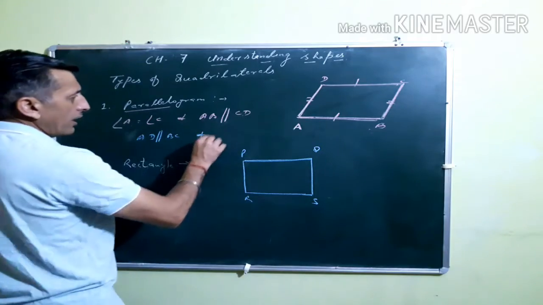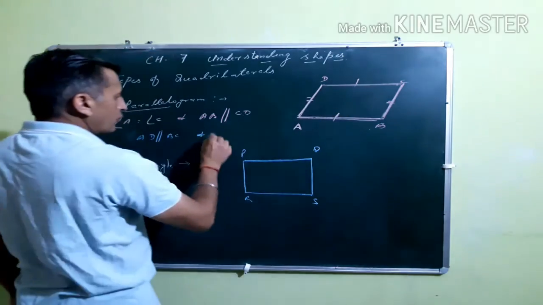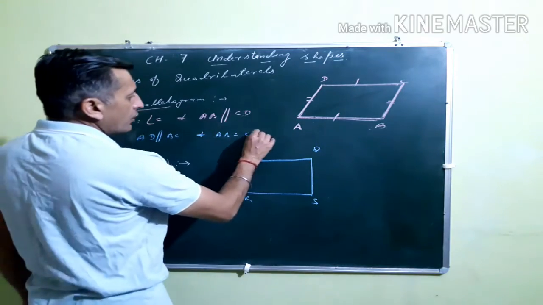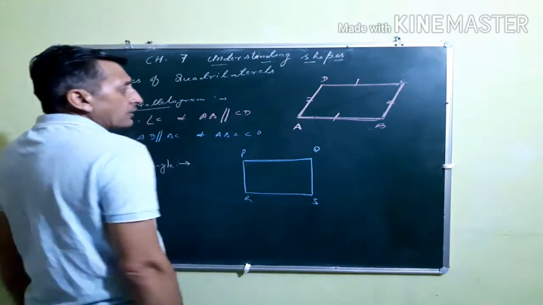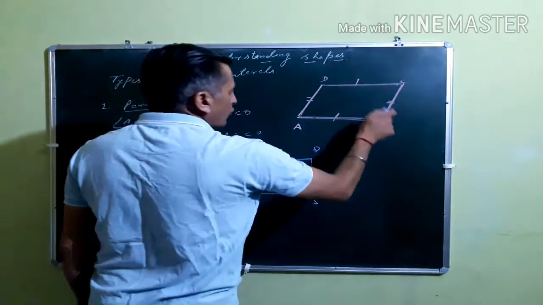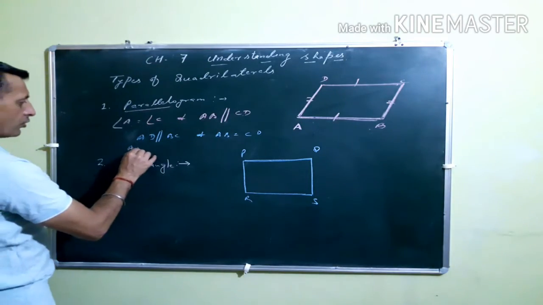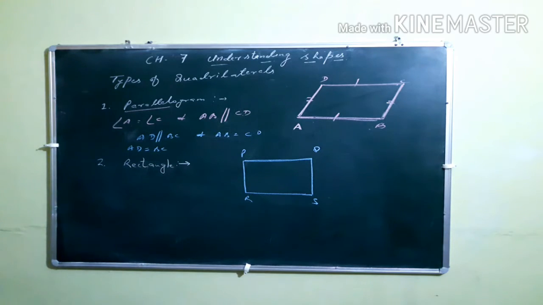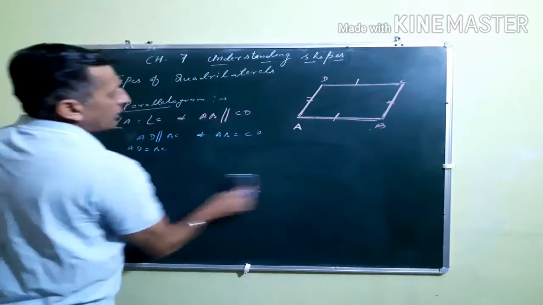And opposite sides are equal in length. AB is equal to CD, and similarly AD is equal to BC. So these are some qualities of your parallelogram.